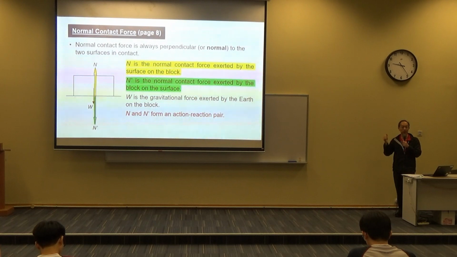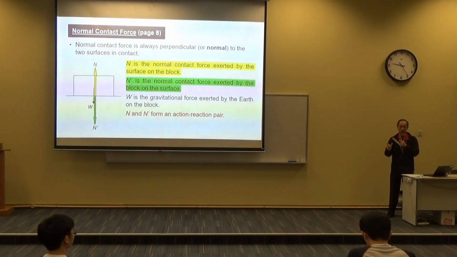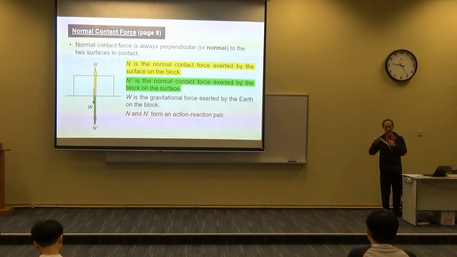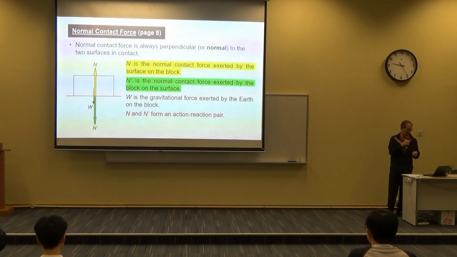That's the genius of Isaac Newton. It comes in pairs such that when object 1 acts on object 2 with a force, the same magnitude of force will be applied back by object 2 on object 1.